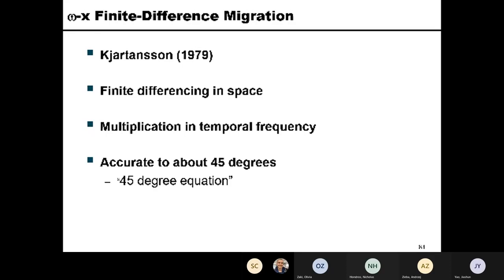He said you do not need that. You just do it all in one go in the frequency domain. In the frequency domain, any operator we can treat as a filter, right? What a filter really means is convolution in another domain. So the downward continuation basically is a convolution in depth or in time.